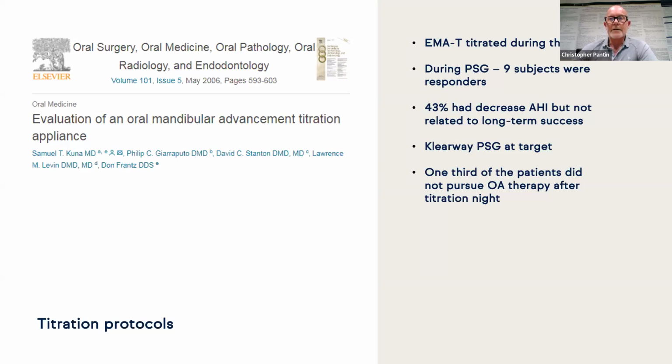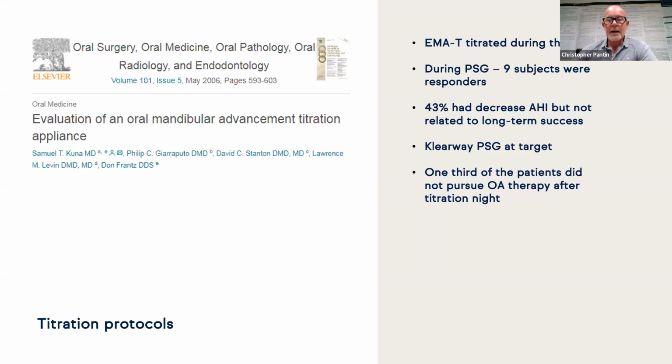After they did the study to find out what their titration would be, or that they'd be suitable, or what the protrusion should be, they were then put on a Clearway appliance, which is a relatively old appliance now. Then they had a PSG repeated at target, the target protrusion that was determined in the original sleep study with the temporary appliance.